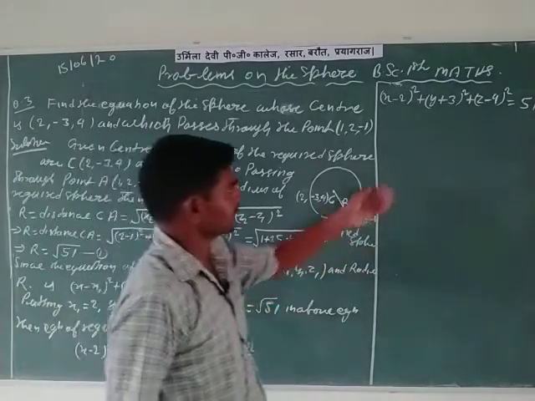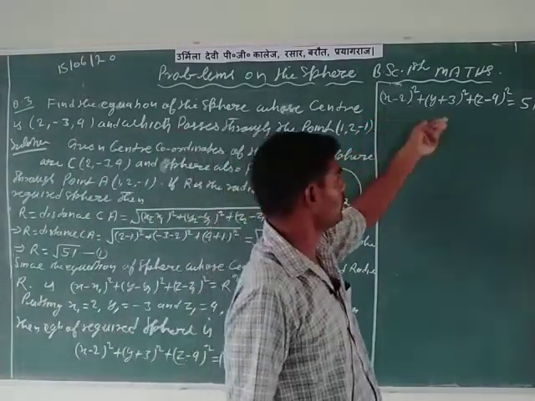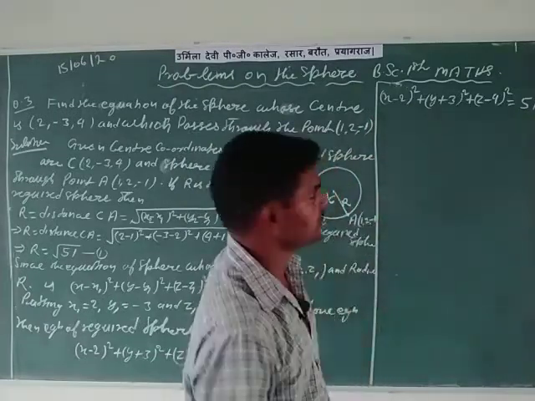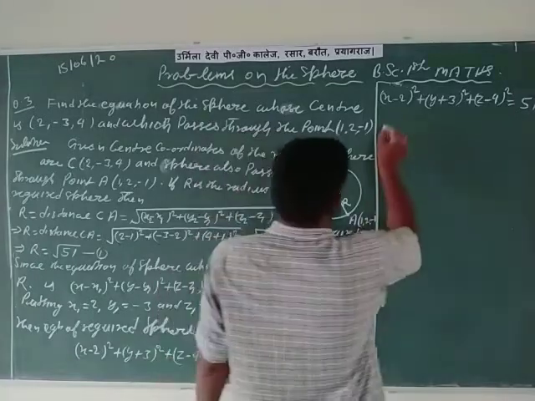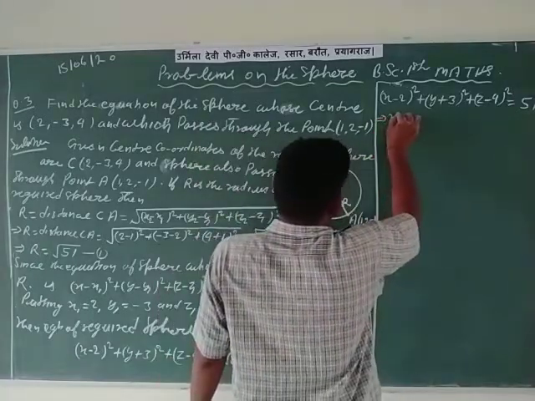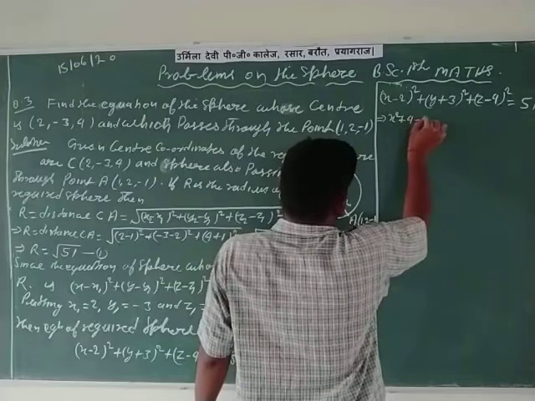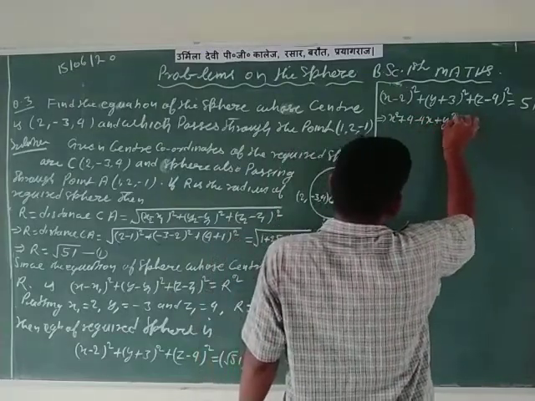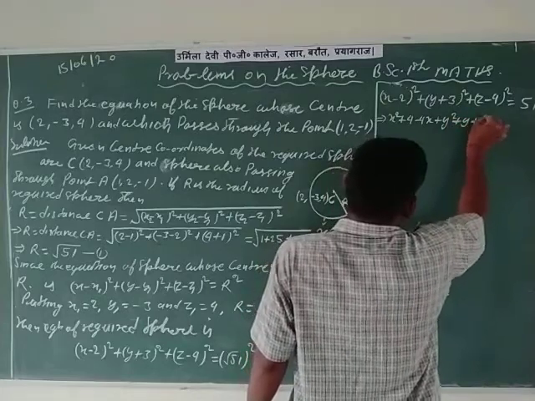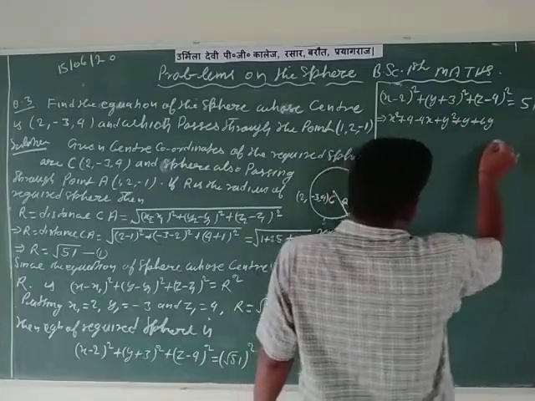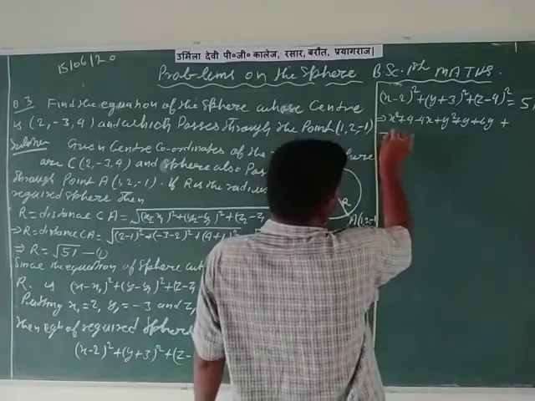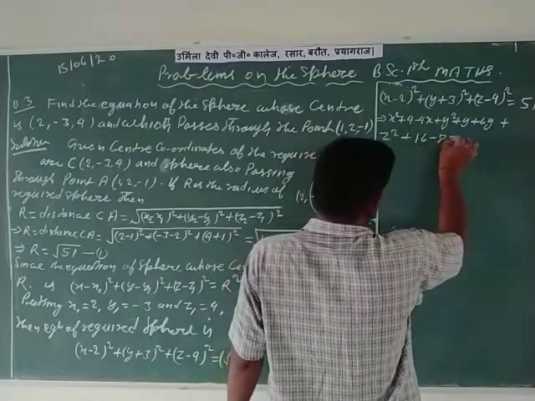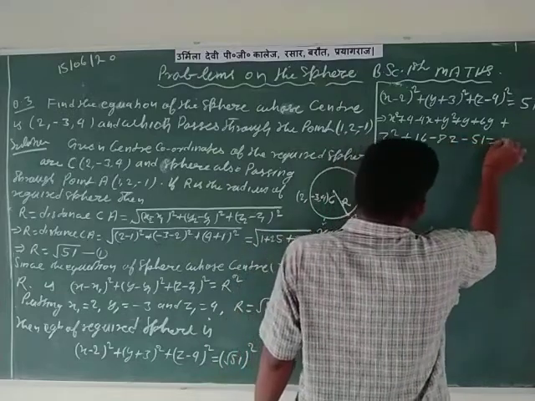Open the brackets by the rules of (a plus b) whole square and (a minus b) whole square. So x square plus 4 minus 4x plus y square plus 9 plus 6y plus z square plus 16 minus 8z minus 51 is equal to 0.